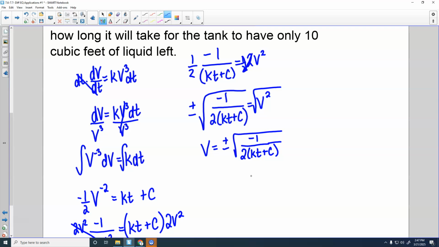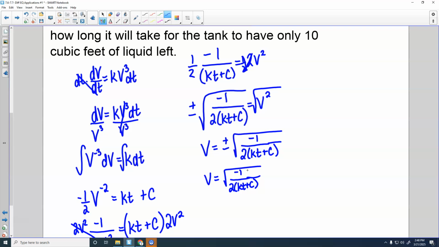So in this case, because everything we should be dealing with is going to be positive, we want to choose the positive here, so we could just say that the volume equals the square root of negative 1 over 2 times (KT plus C). In a different scenario, we would probably need to look at our initial conditions. Here, our initial conditions are definitely positive because we will only be looking at positive values.